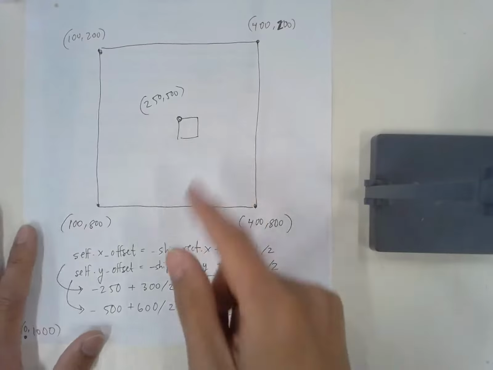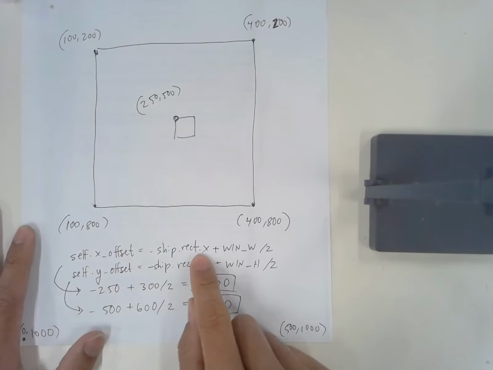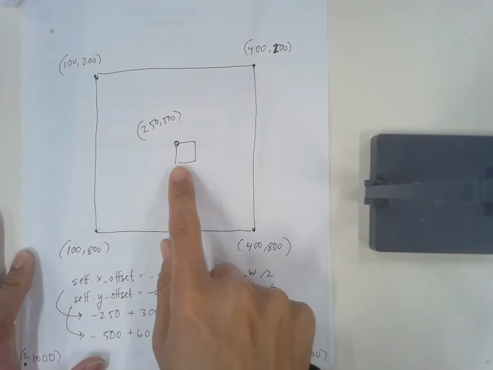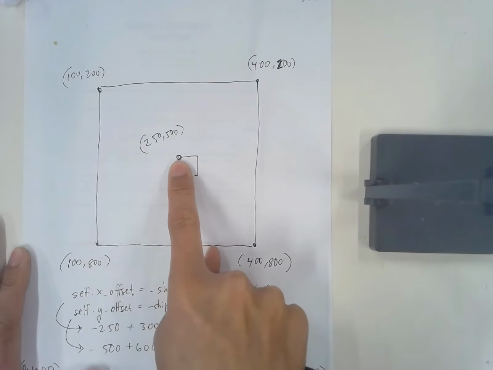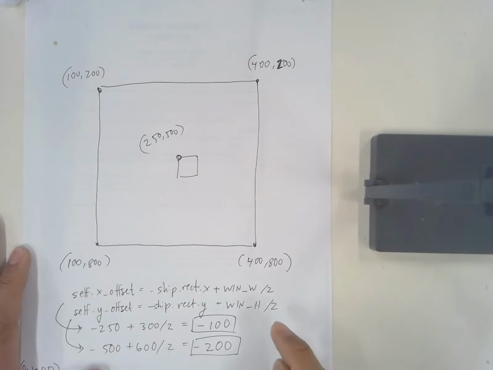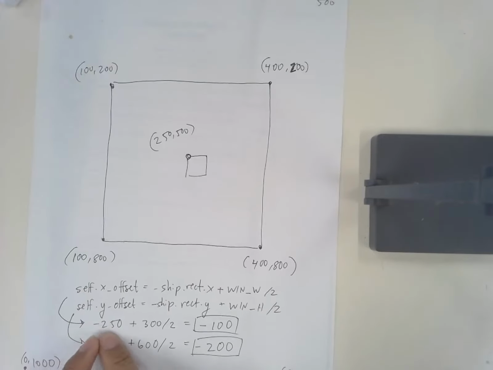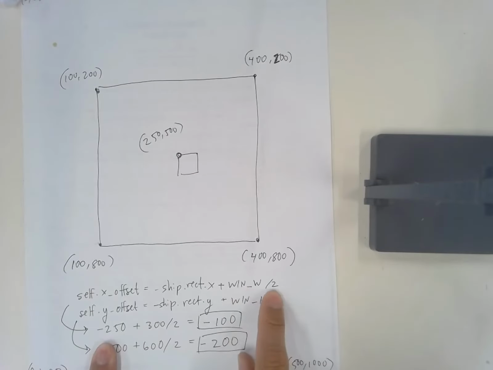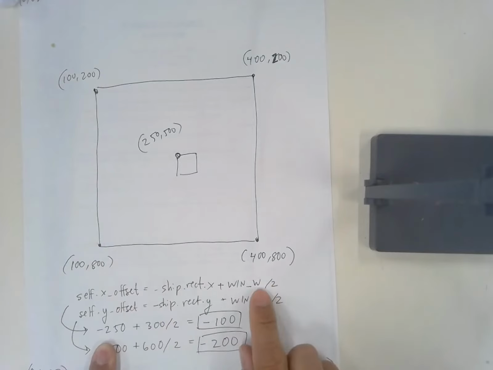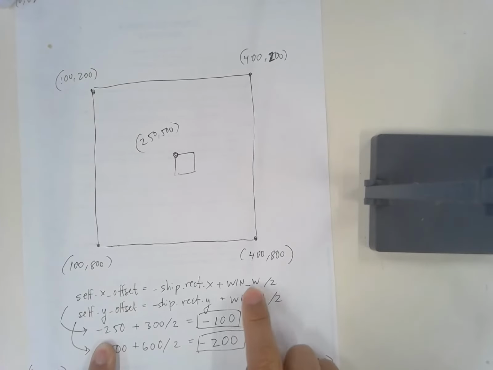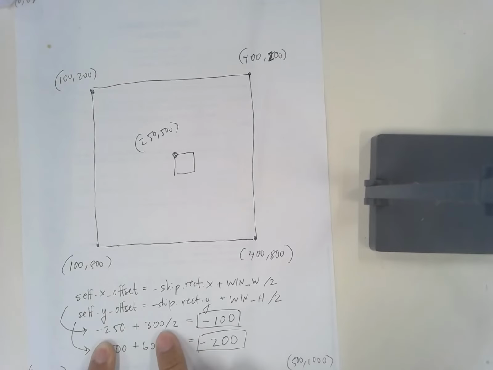All right. So let's go ahead and run through it. We got negative ship rect X, which is negative 250. So that's negative 250, plus win width divided by 2. The width of the inner window is 300. Yeah, 300 divided by 2 is 150.